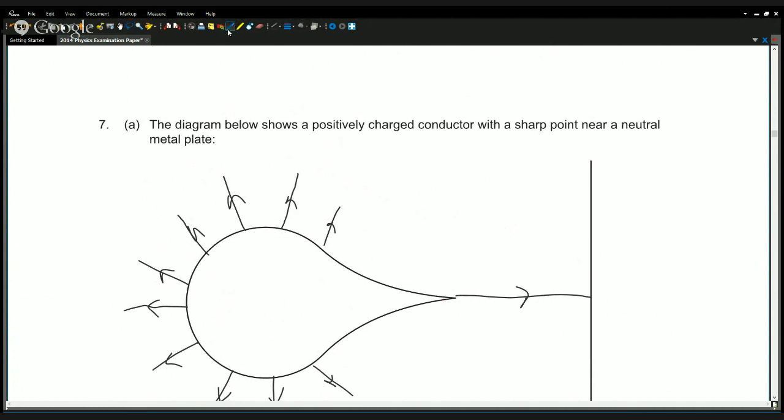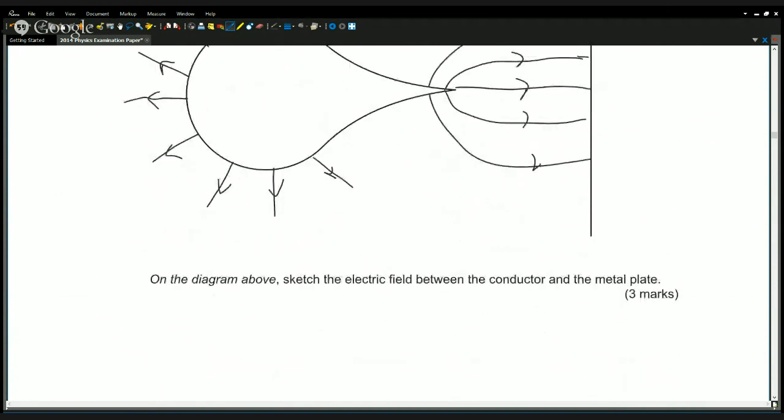Try again. I need to make this come out at right angles, so it needs to go something like that. You get the general idea, and just continue that.